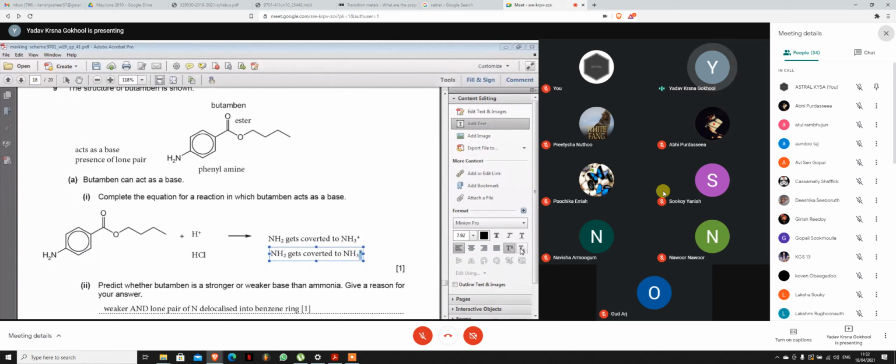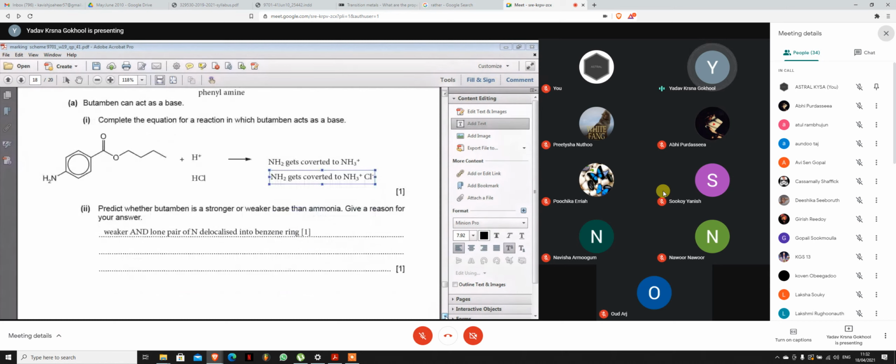But then we will have the Cl minus, which should be included so as to balance the equation.